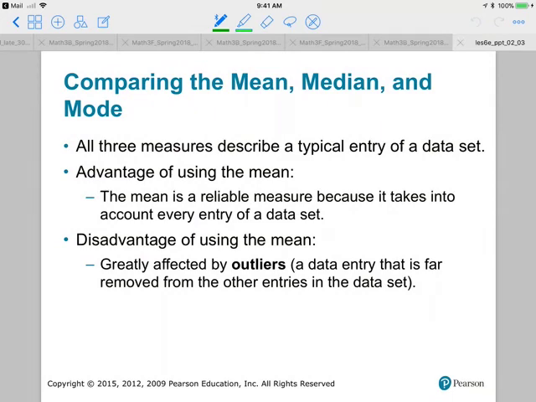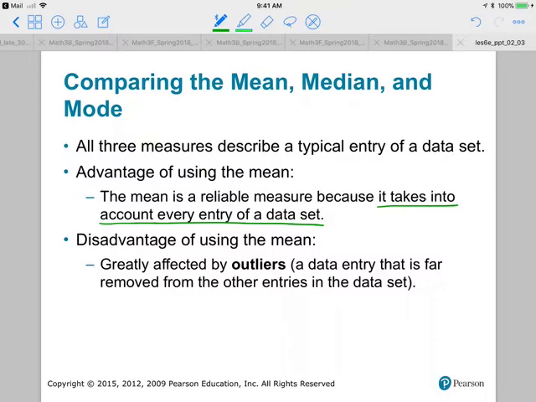Now let's talk a little bit about comparing the mean, the median, and the mode. Like we said, all three are valid arguments for describing a typical entry of a data set. There are some advantages and disadvantages of using each one. The advantage of using the mean is that it takes into account every entry in the data set.